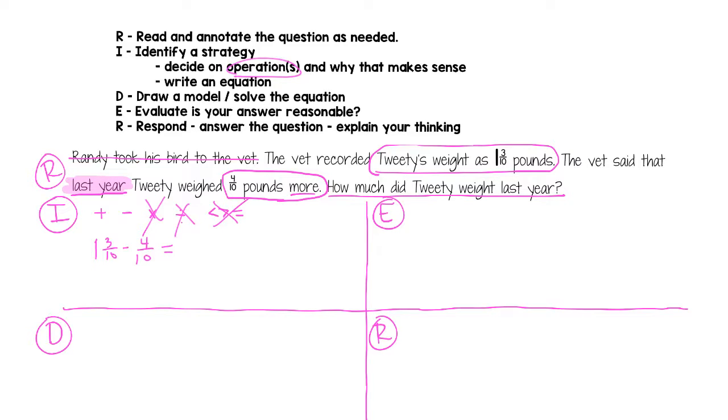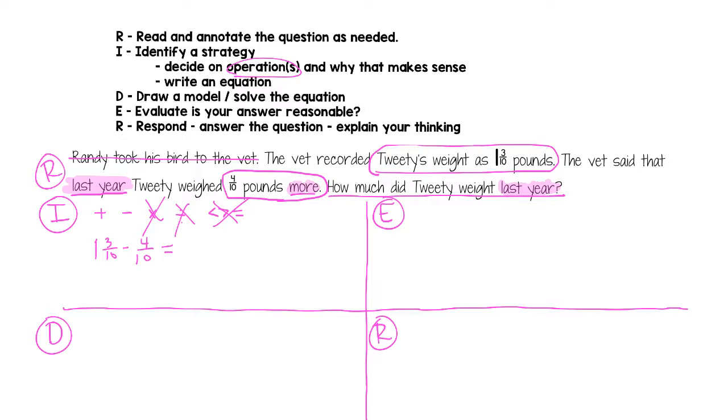Last year, Tweety weighed 4/10 pounds more. How much did Tweety weigh last year? So we're talking about last year here. The vet said that last year Tweety weighed 4/10 pounds more. So last year Tweety weighed more than he or she weighs this year. So this year is going to be smaller than last year.